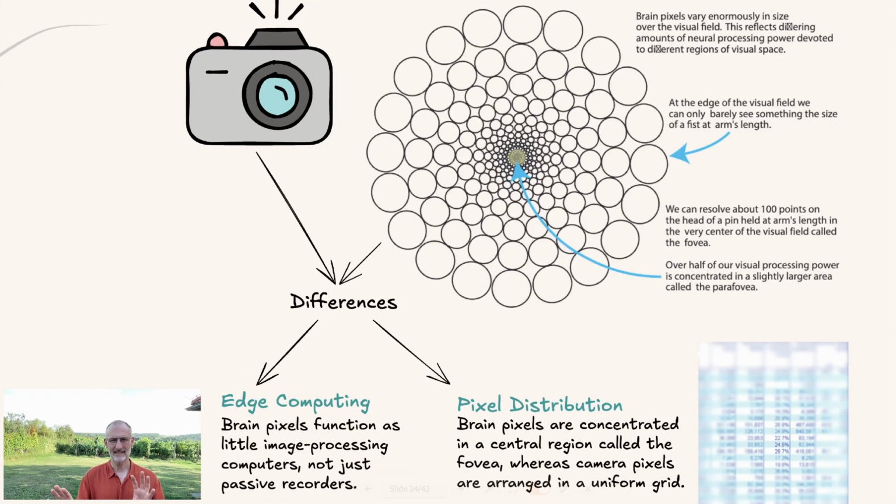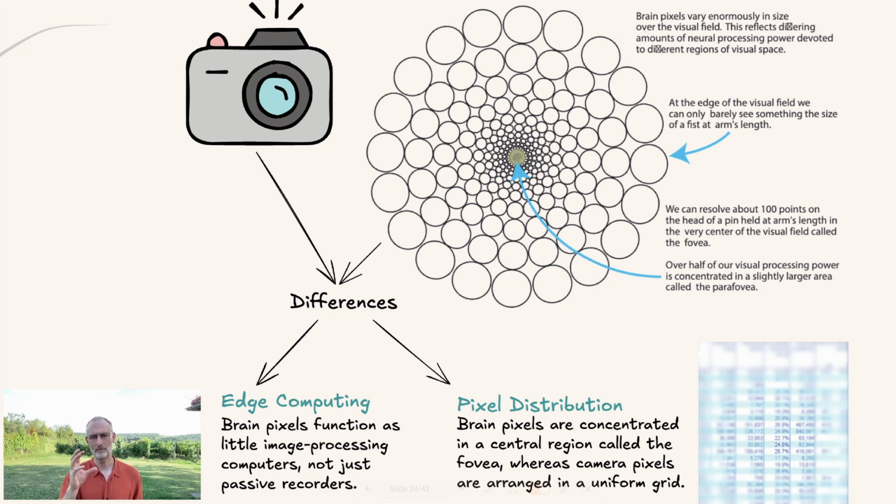Colin makes a comparison between a digital camera and our eye. There are many similarities. Both have receptors and both send the information to some sort of processing unit, etc. But there are two very important differences.